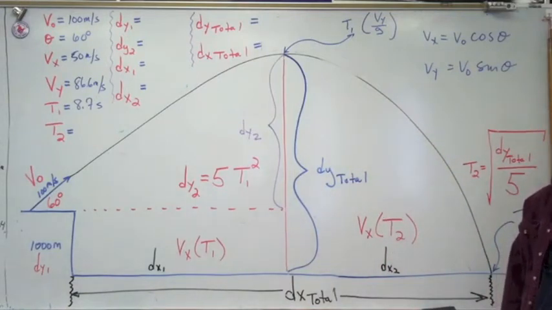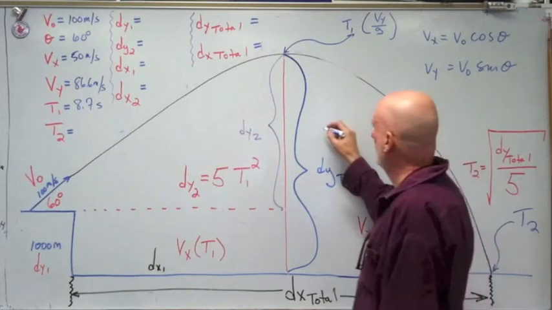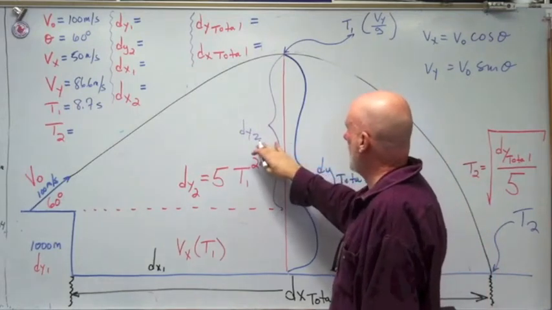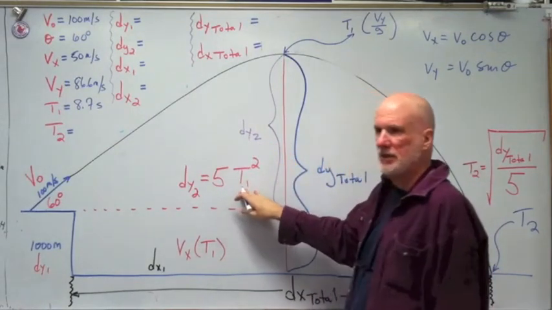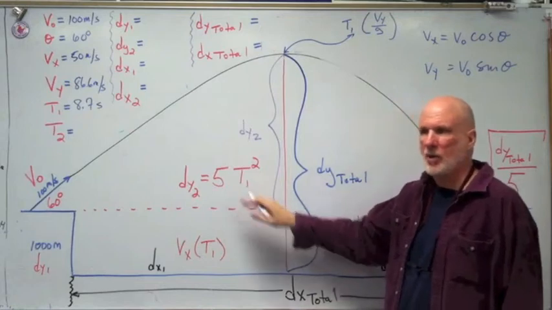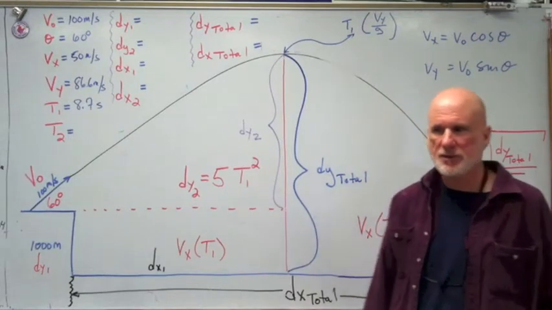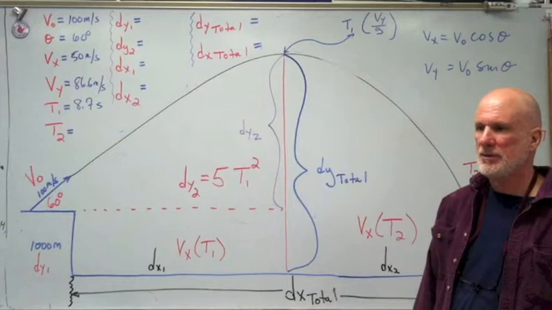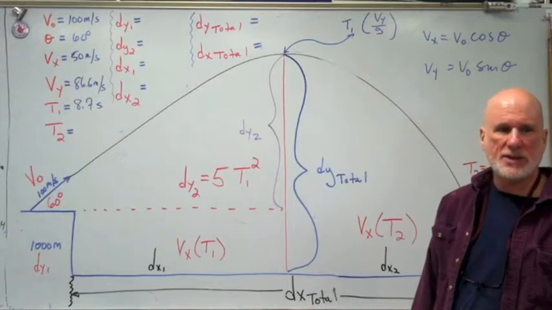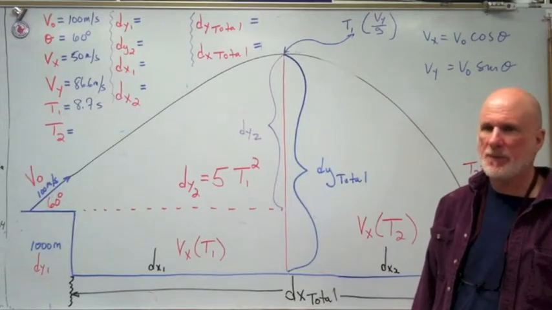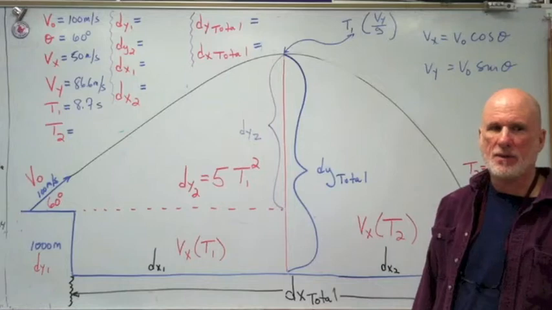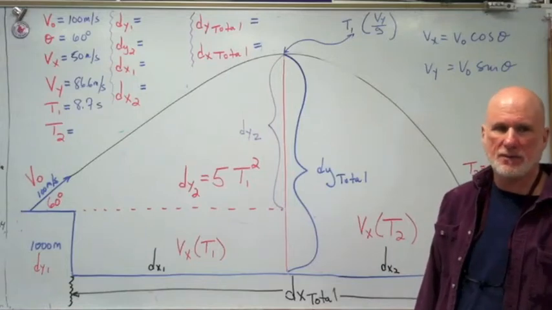What is 5 T1 squared? What is 5 times 8.7 squared? 378.45. So 378. Yep.